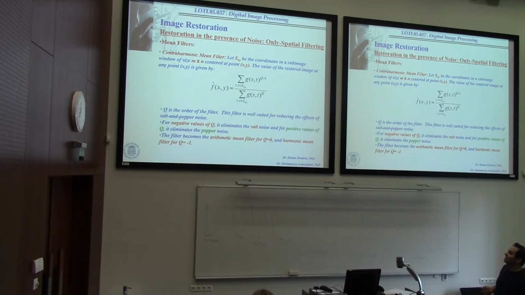It means that when the Q, that is the order of this filter, is negative, we eliminate the salt noise, or the white points in the image, and when we consider Q as a positive value, we will remove the pepper noise in the image. And you know that if we put Q equal to 0, we have an arithmetic filter, and if we consider Q as -1, we have a harmonic filter.